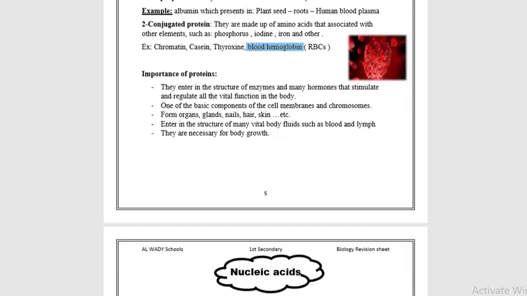What is the importance of proteins? We talked about this point last year. They enter into the structure of enzymes and many hormones. They form glands, nails, hair, and your skin.